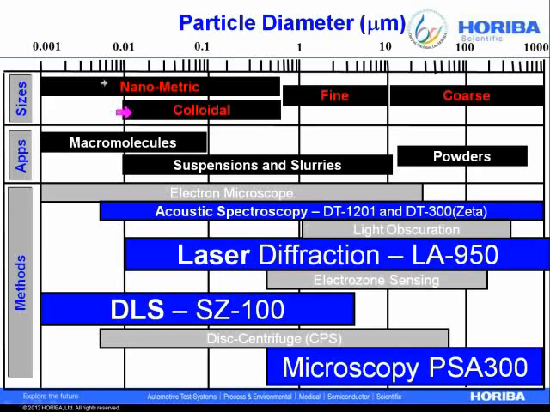Often you hear the word colloids thrown around, or nanoparticles is the big term now. As you go to larger particles, and even into the colloidal particles, you can also use laser diffraction, which is another technology we offer, but not the topic of this talk. Once you move into particles that are well over a micron, you start thinking about using microscopy, such as the PSA 300. But once again, we're going to focus on dynamic light scattering today.